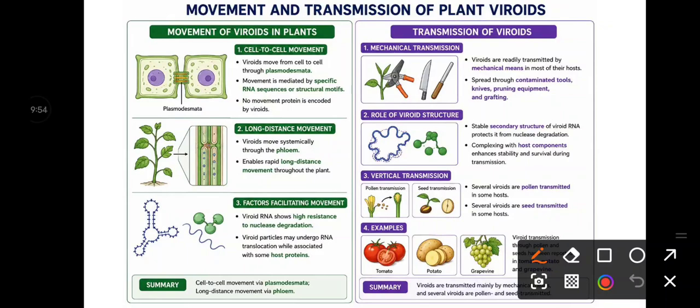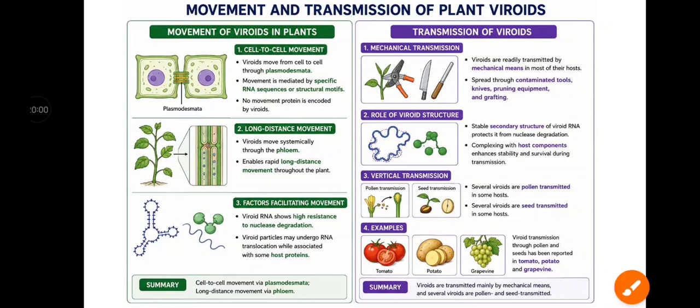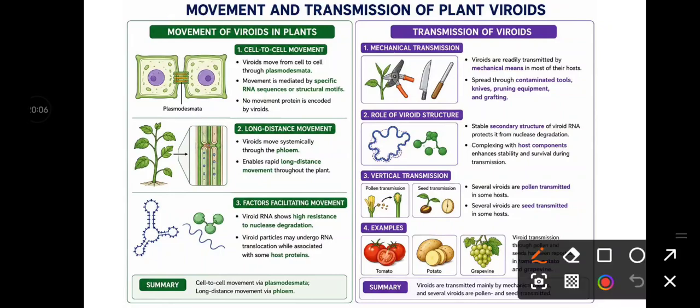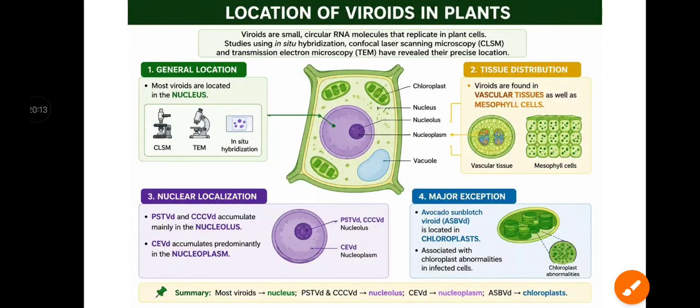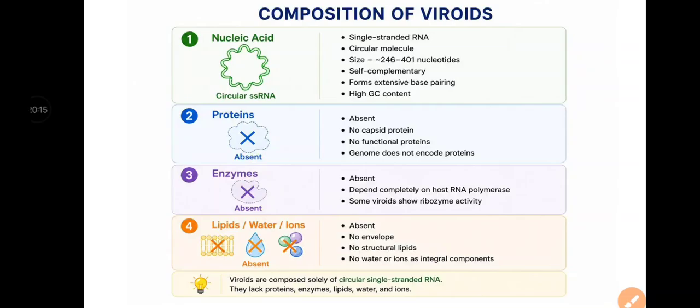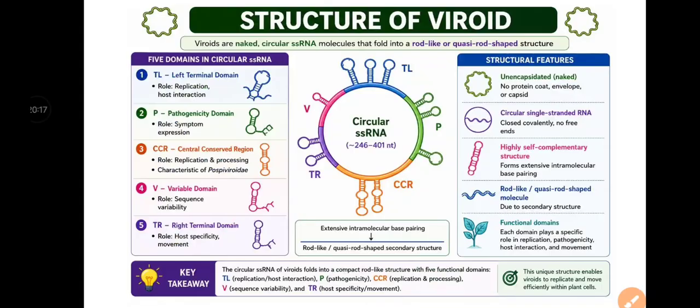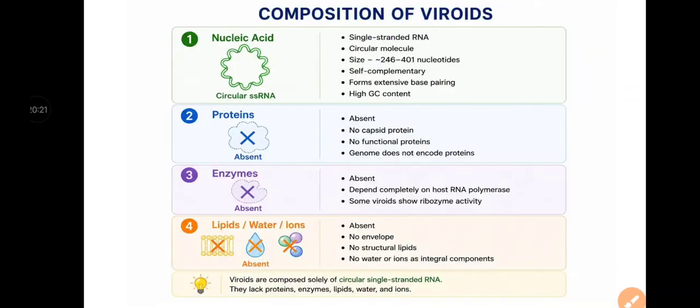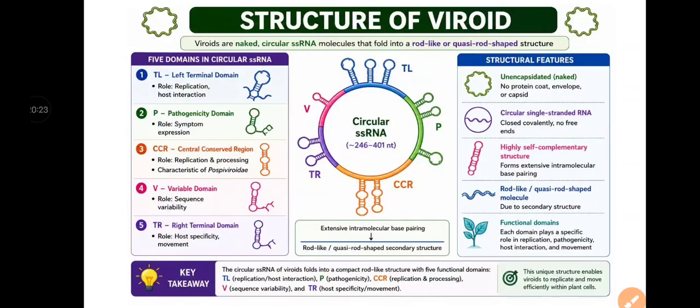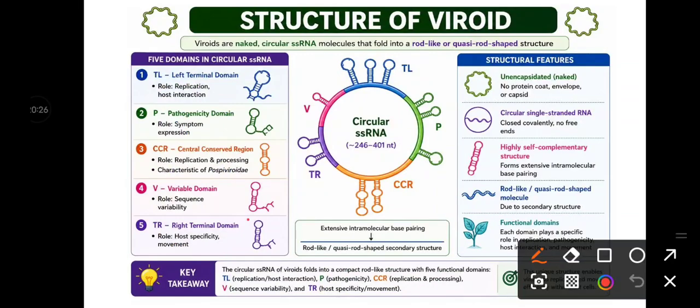So first, the movement. Movement of plant viroids generally occurs through the plasmodesmata, as I have already told. Then how is the movement mediated? Movement is mediated through a specific RNA sequence or structural motifs. I have already discussed that some regions or domains are helpful for the movement, that is the terminal right domain.